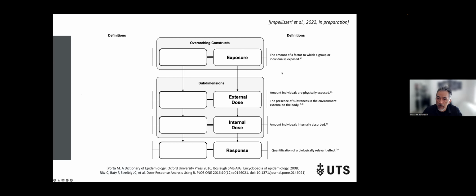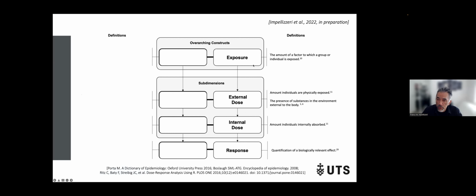While exposure is a generic term to identify the amount of a factor, the external dose, for example in occupational epidemiology but also in pharmacology, is the amount to which individuals are physically exposed, the presence of a substance in the environment external to the body.